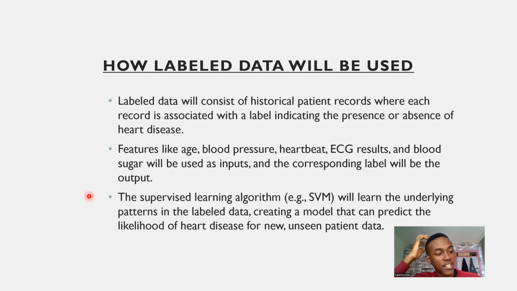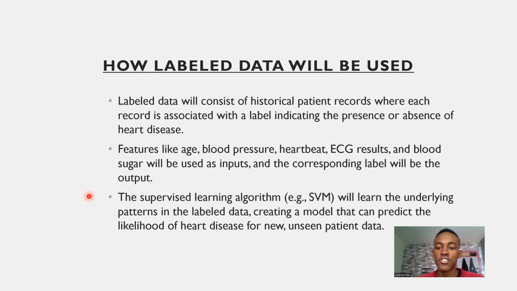In other words, there will be a threshold of values on these different parameters that you'll be feeding a computer, so that if a person is above 30 years, and he has this kind of blood pressure, or he does this kind of work, this is his diet, there's a likelihood of having a heart disease. And that's what they mean by labeled data.